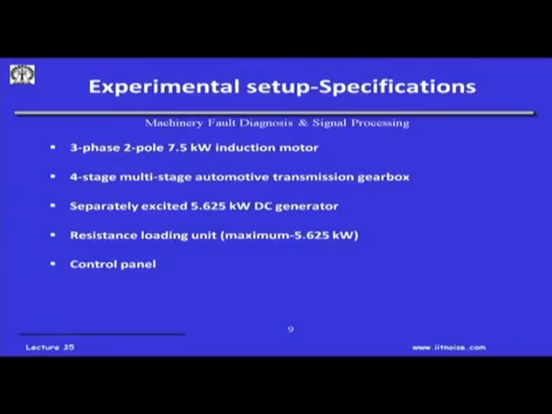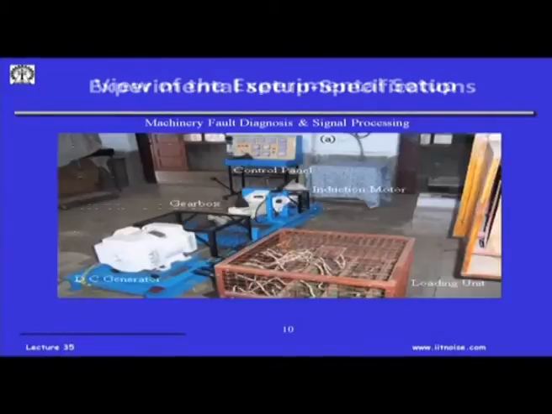At different load conditions, by loading the generator we loaded the gearbox, we then analyzed the current, and found out that the gear meshing frequencies were actually showing as side bands of the current being drawn by that electrical motor.